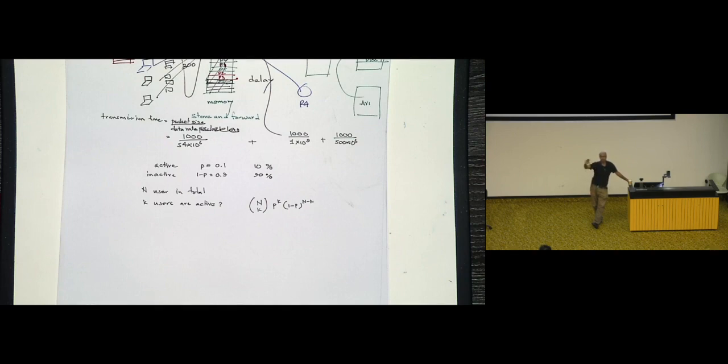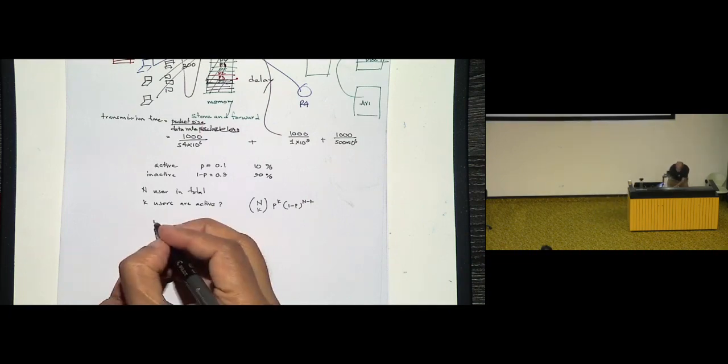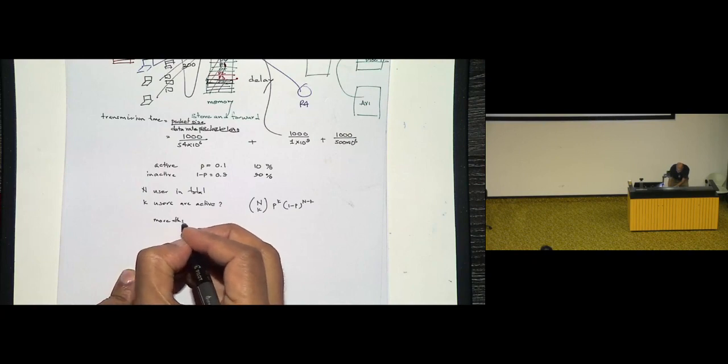If it is 1 active user, 2 active users, no problem. So I get into trouble if there are more than 10 active users. What is the probability that there are more than 10 active users? That is 11 active users, 12 active users, 13 active users, 14 active users, and so on.